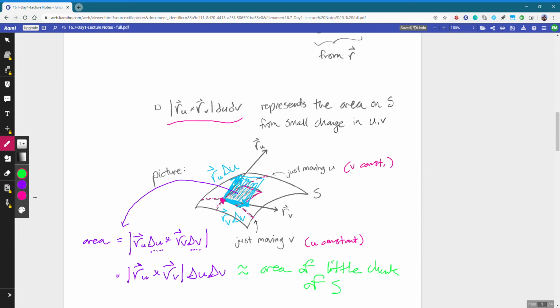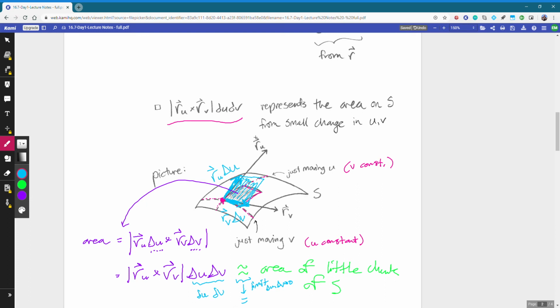But in the limit, right, as we shrink up, as delta u, delta v go to 0, this approximately is going to change to an equals, and the delta u, delta v are going to change to the du, dv that we see in our integral.